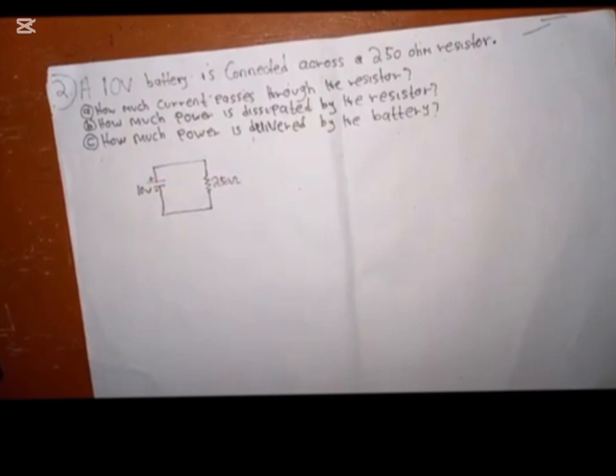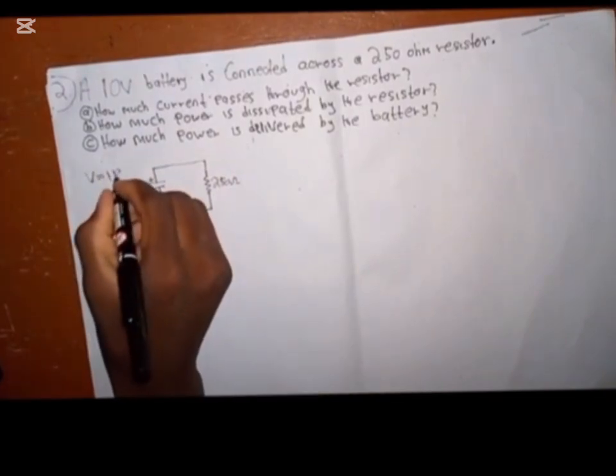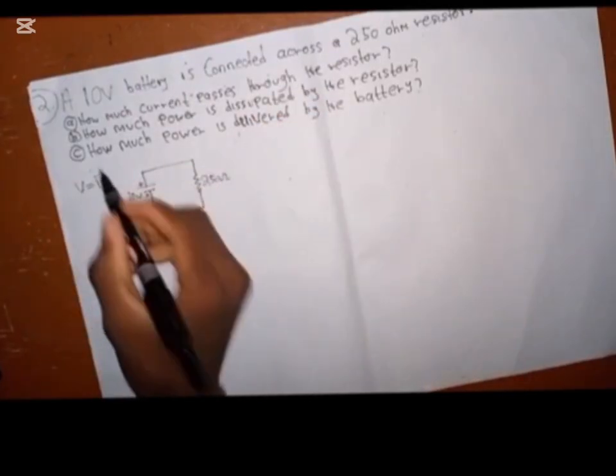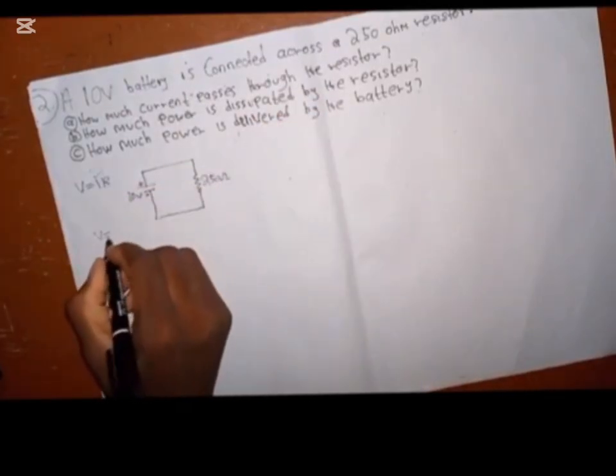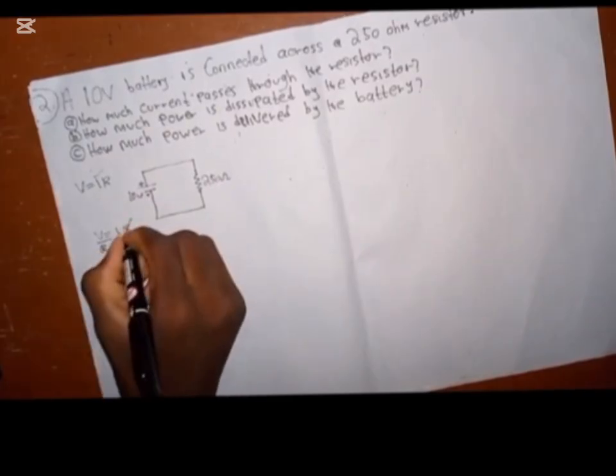Okay, we have to recall our Ohm's law: V is equal to IR. In here we are to find the current. So V is equal to IR, and we divide both sides by the resistance. Resistance cancels resistance.